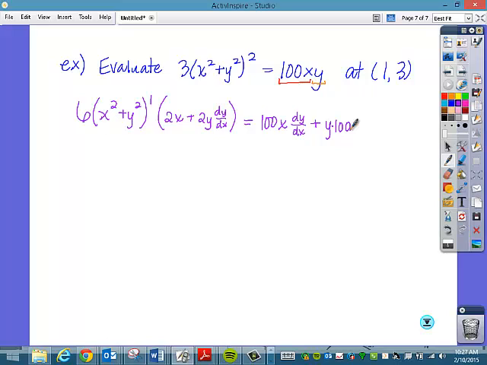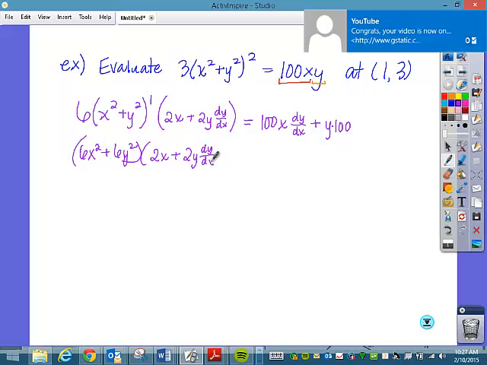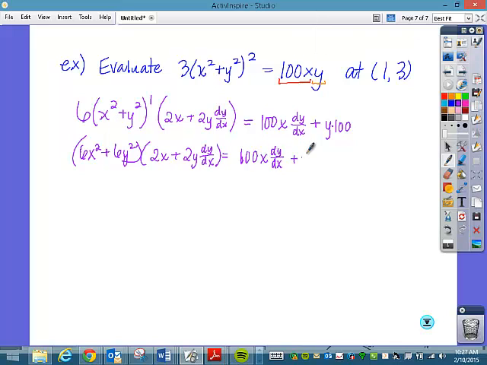All right, I'm going to try to make my life easier, so I'm going to actually expand all of this out. So I'm going to first start by distributing the 6 into these parentheses to get 6x squared plus 6y squared times 2x plus 2y dy dx equals 100x dy dx plus 100y.